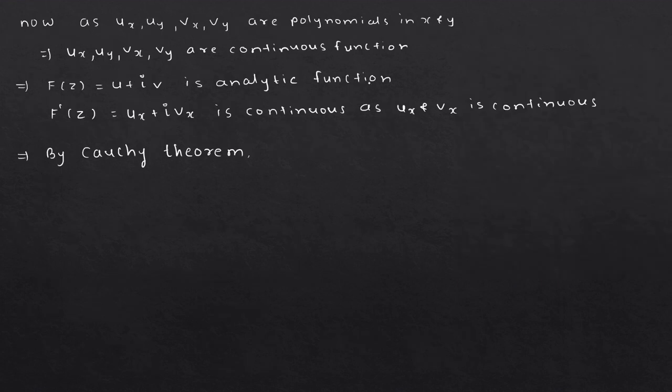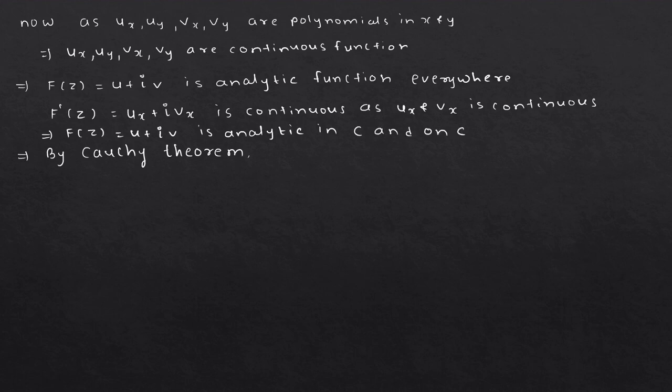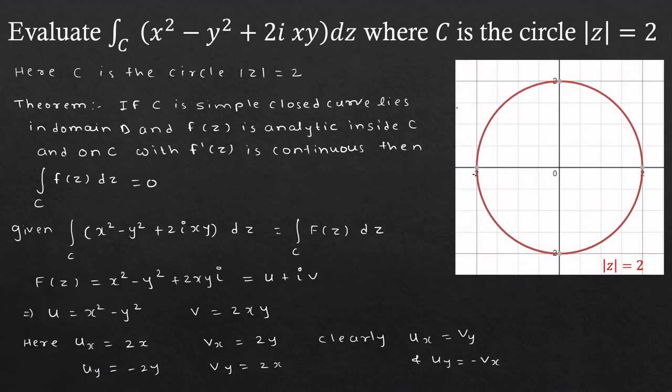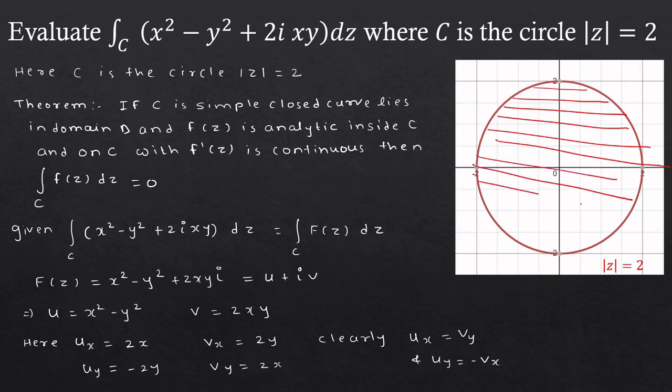Now, f(z) is an analytic function everywhere, so we can conclude that f(z) = u + iv is analytic inside C and on C. That means f(z) is analytic inside this C and on the boundary also.